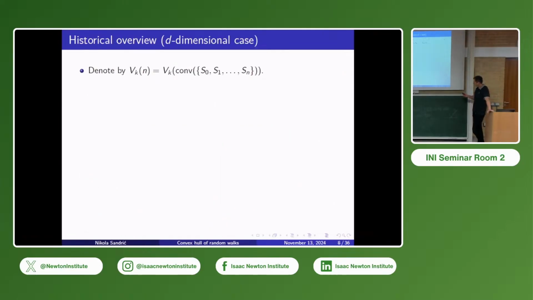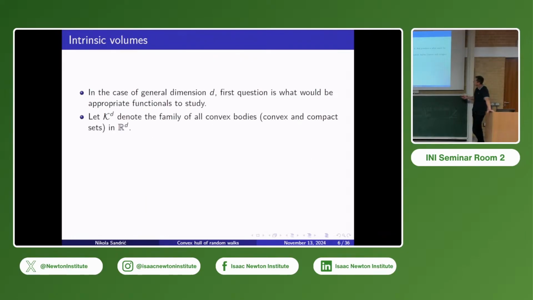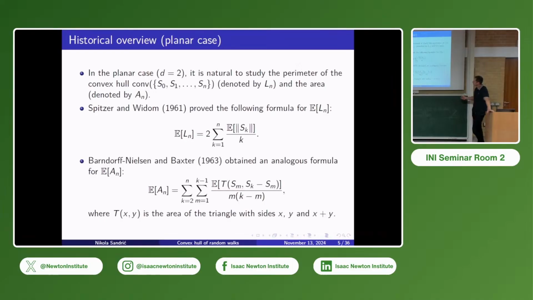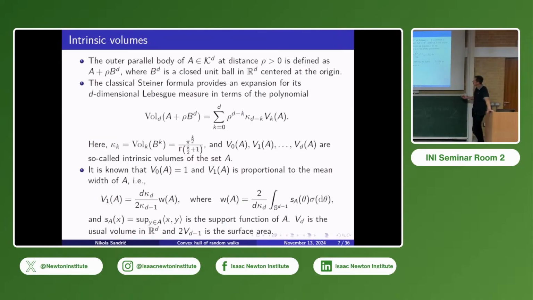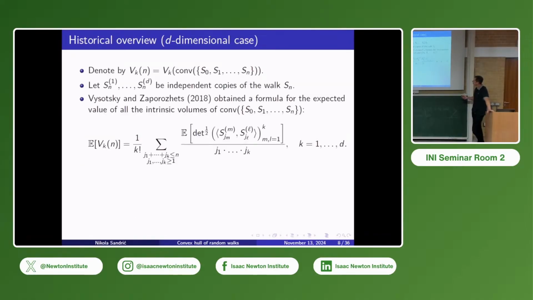So now we'll use this notation here. And as a first step, we will be interested in formulas like this, but for intrinsic volumes. And these things are known. They were obtained quite recently, in 2018, by Vysotsky and Zaporozhets.